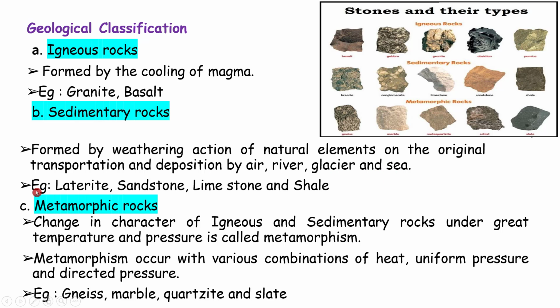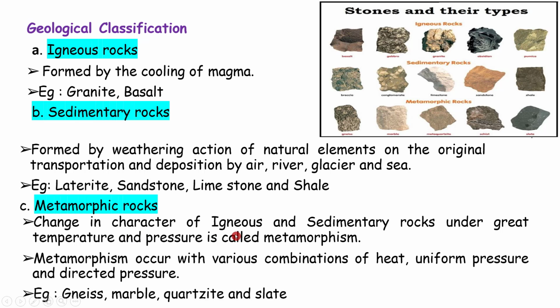Examples include laterite, sandstone, limestone, and shale. Basically, by weathering action it breaks into small pieces and then settles to make the sedimentary rock. And next we have the metamorphic rock.